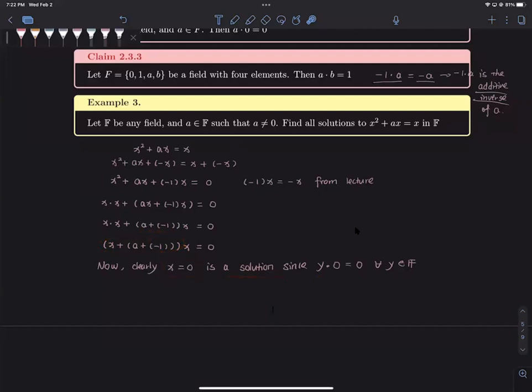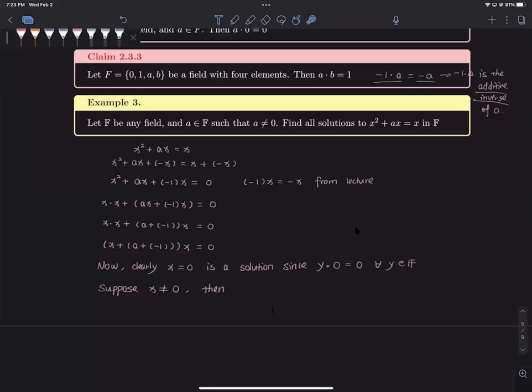And I want to check if there are other solutions. So suppose x is not 0. If x is not 0, then what do we know? Anyone? No, you don't know if y has to be 0.